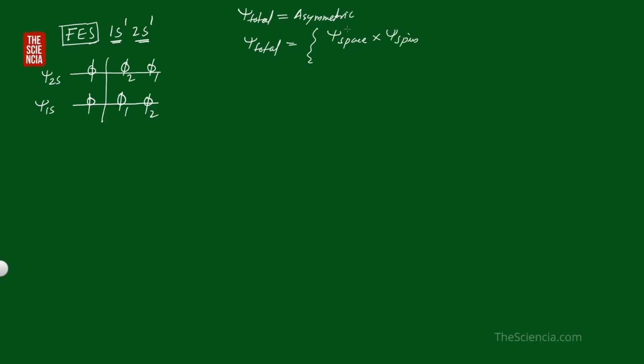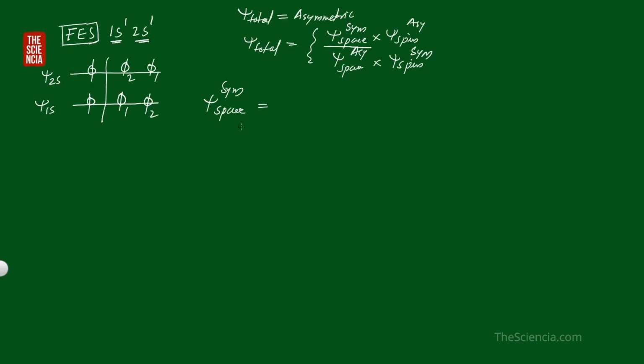If the space part is symmetric, the spin part should be asymmetric, or if the space part is asymmetric, the spin part should be symmetric, right? First we are going to write the symmetric space part, psi space symmetric.